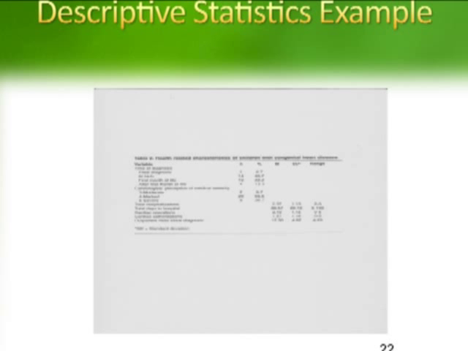Well, this is a table that shows what you can figure out from the mean, standard deviation, and the range. It talks about health-related characteristics of children with congenital heart disease. And as you can see, the N is the number of children, and in this particular study there were 30. And then it gives you some percentiles.